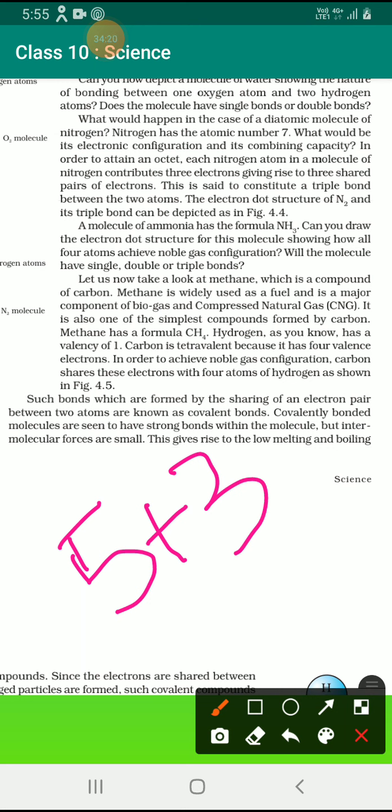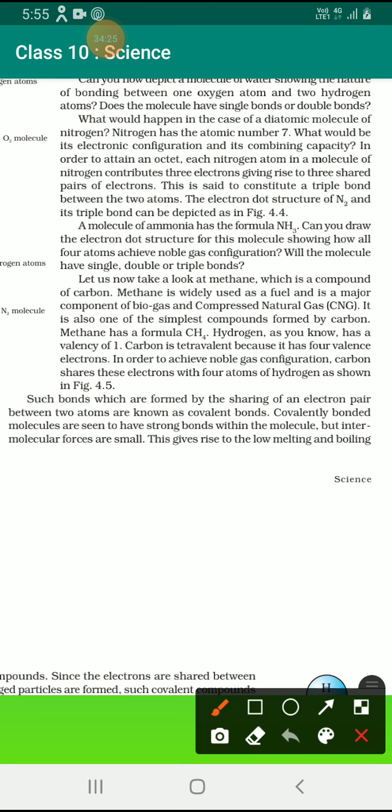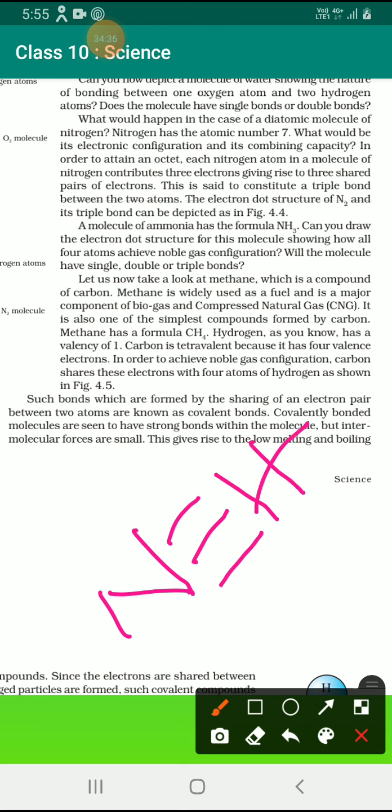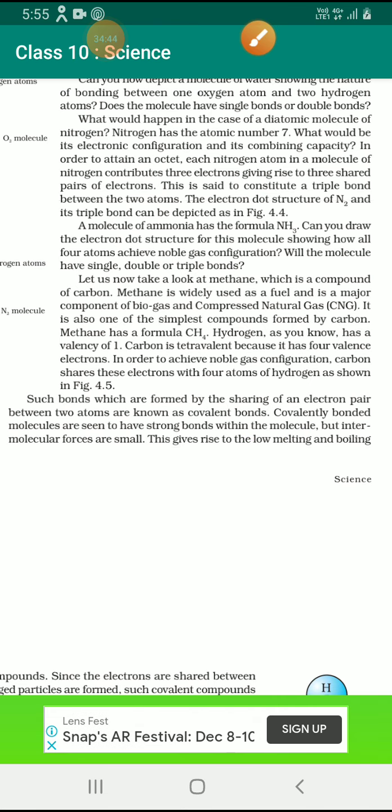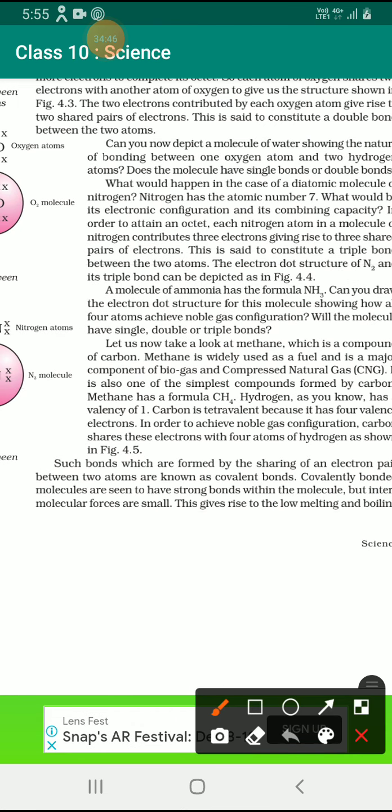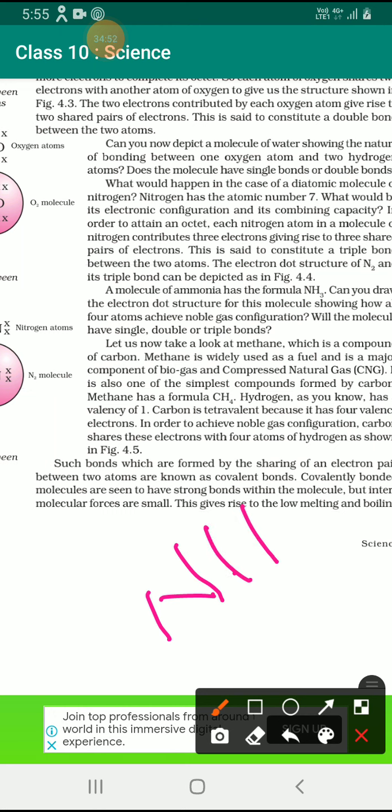Hydrogen has 1, so H3 means 3 hydrogen atoms, and it becomes nitrogen N with 3 hydrogens connected to it, so totally we write NH3.